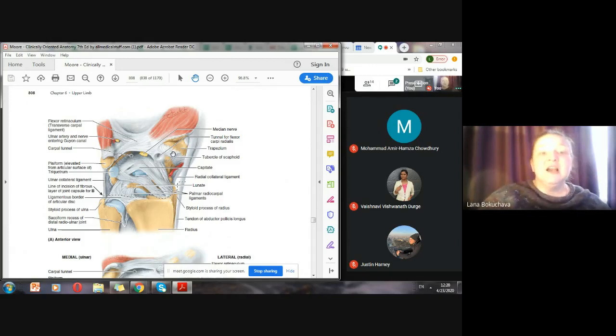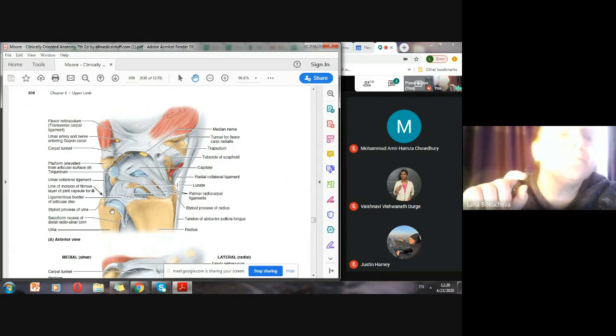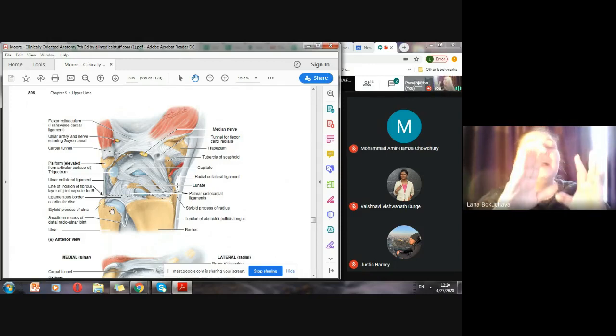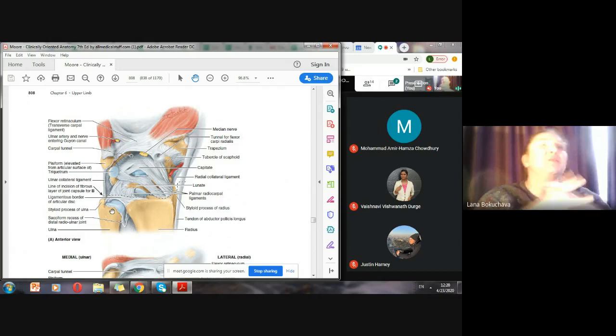This is the ligament which is reinforcing the wrist joint, and it helps not to immobilize, but to order the tendons of the forearm region.